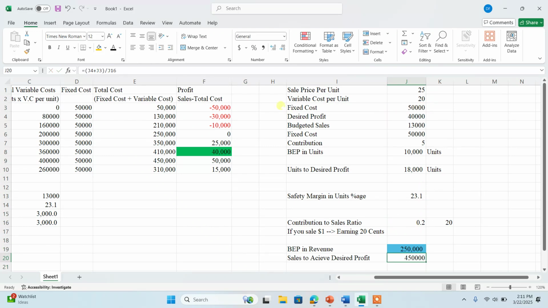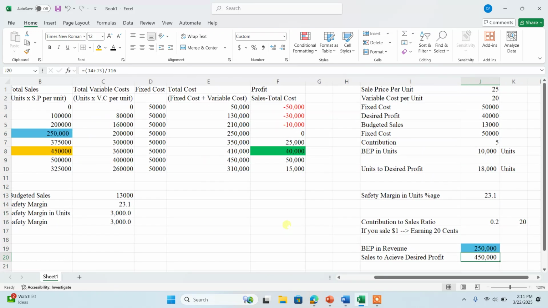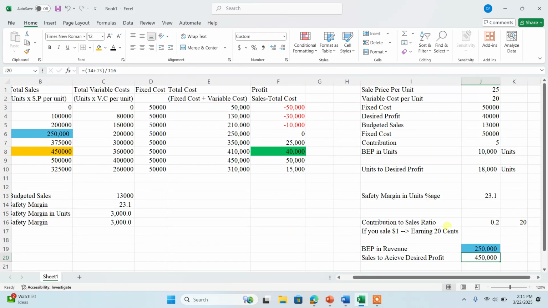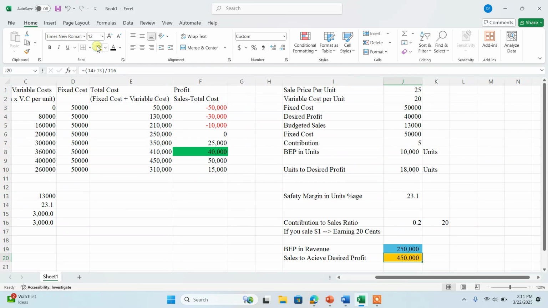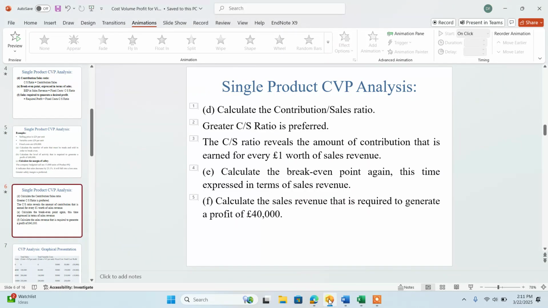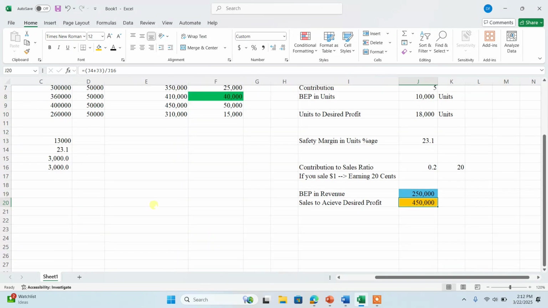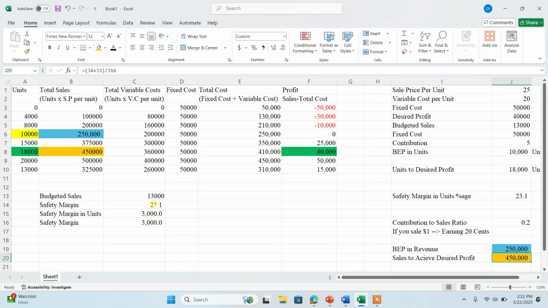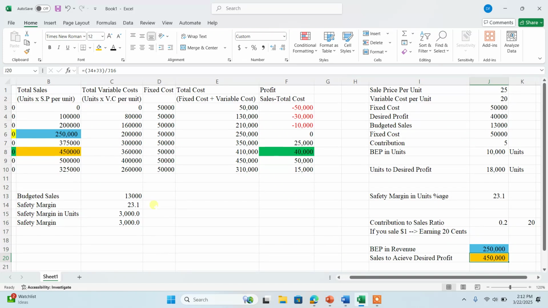You can see that to achieve the desired profit of 40,000, I need to receive sales volume in terms of amount, which is 4,50,000. It is similar here also. So my dear, the question is almost done.